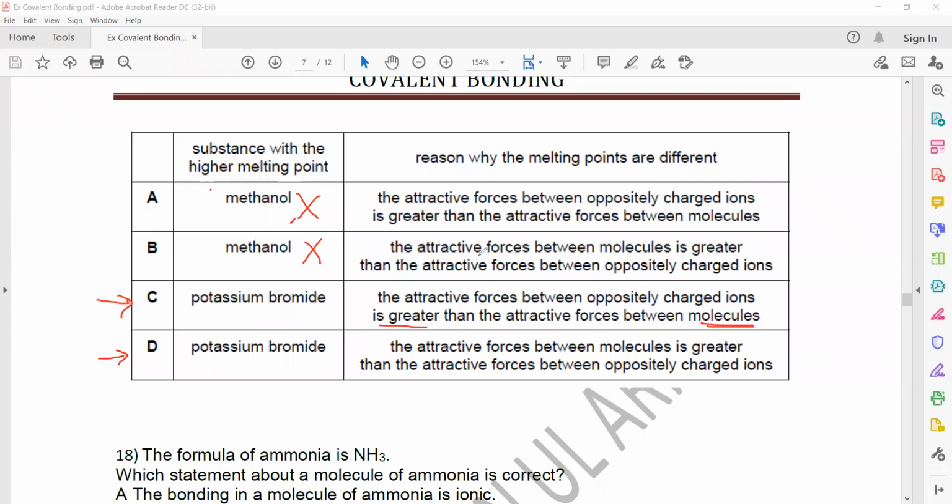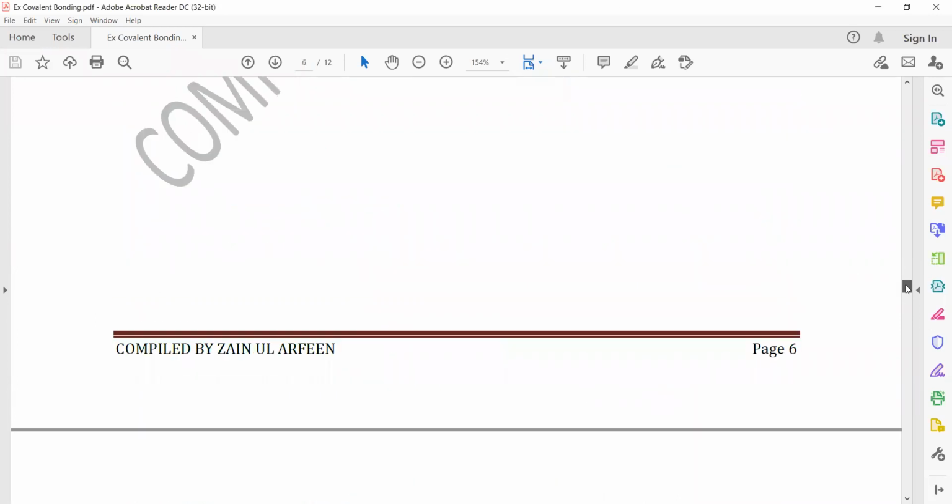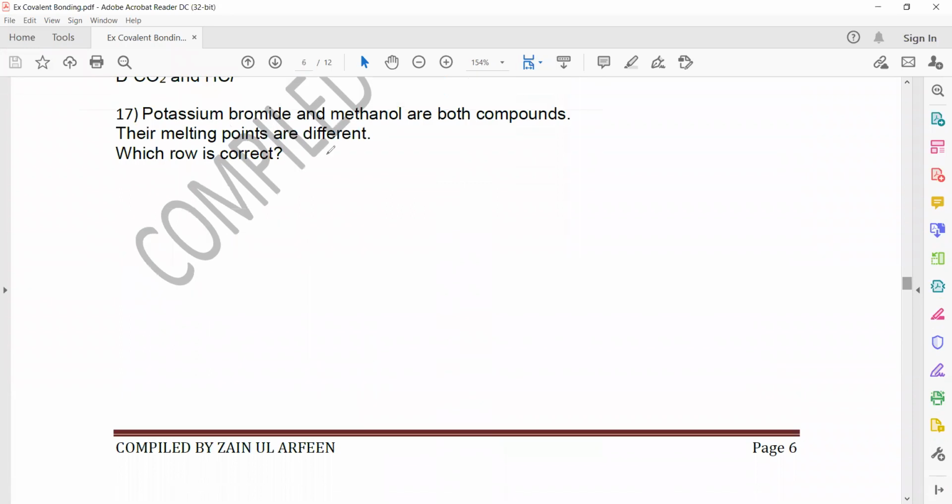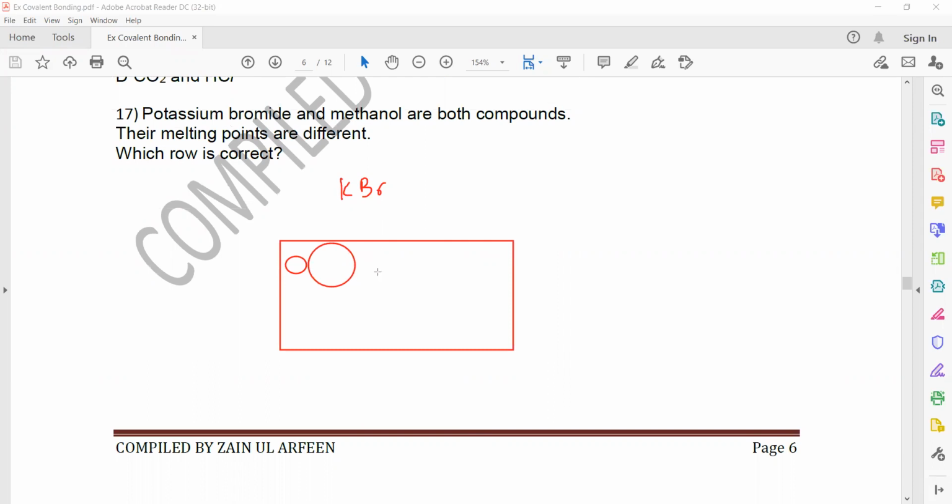In methanol there will be molecules, and if I draw the structure for both, potassium bromide is an ionic compound. What does it mean? It will have a giant lattice of positive and negative ions. Positive potassium ions will be there and negative bromide ions.